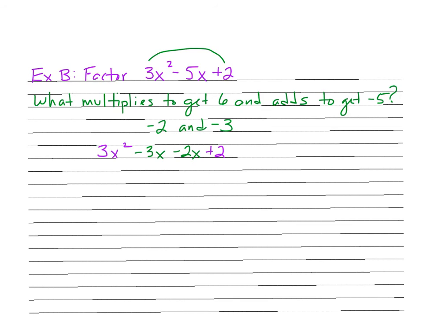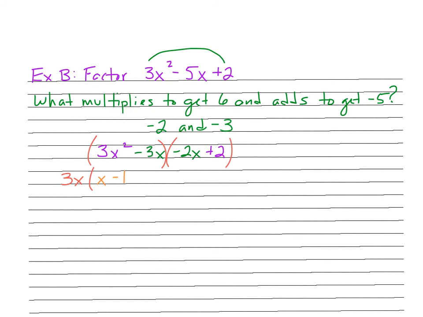All right, so now we need to group it. I'm going to throw my parentheses in there. In the first group, I check for the greatest common factor. What's the greatest common factor between 3x squared and -3x? 3x. So I take out 3x, and I'm left with x and -1.